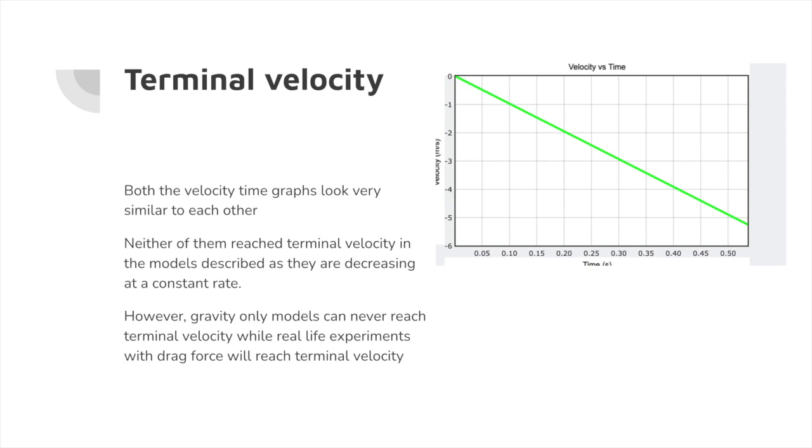Neither of them reached terminal velocity in this model described in my GlowScript, and they are increasing at a constant rate. However, I must add that gravity-only models can never reach terminal velocity, while real-life experiments with drag force will always reach terminal velocity.